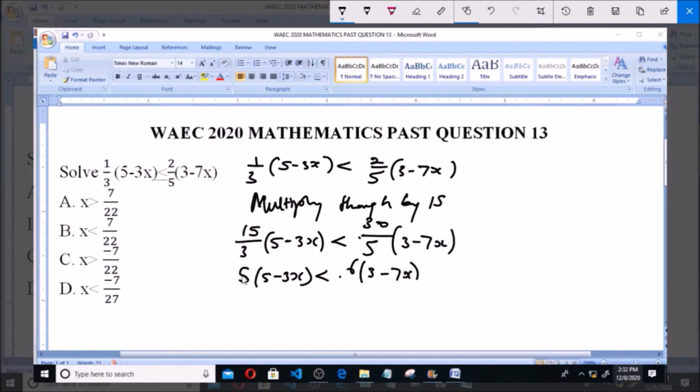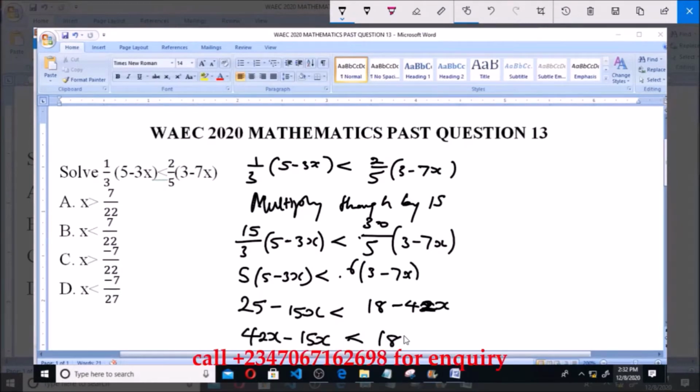Now opening the brackets, 5 multiplied by 5 will give us 25 minus 5 times 3x will give us 15x is less than 6 multiplied by 3 will give us 18 minus 6 times minus 7x will give us minus 42x. So collecting like terms, we'll have 42x minus 15x is less than 18 minus 25.